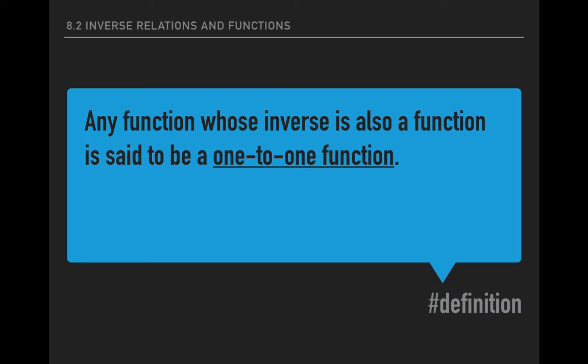Then, if you checked the original function with the vertical line test and it was a function, and then you checked that function f horizontally and it passes and its inverse is a function, that function is considered a one-to-one function, because its original and its inverse are both classified as functions.